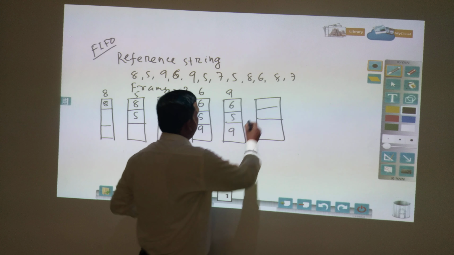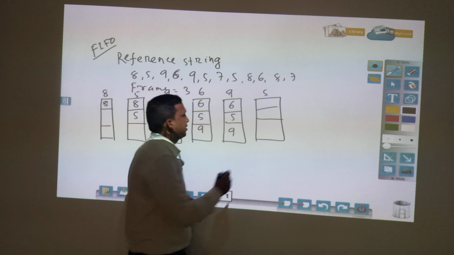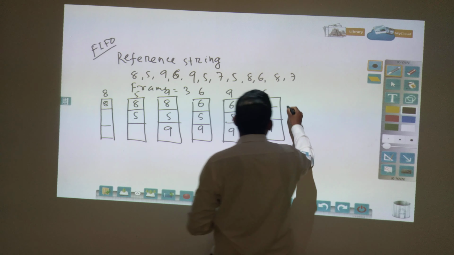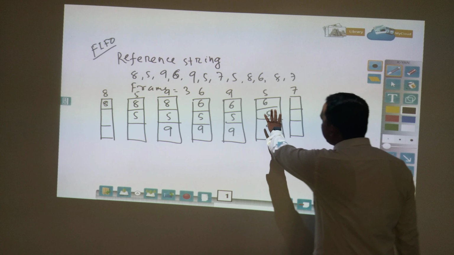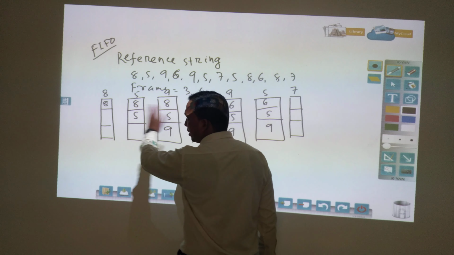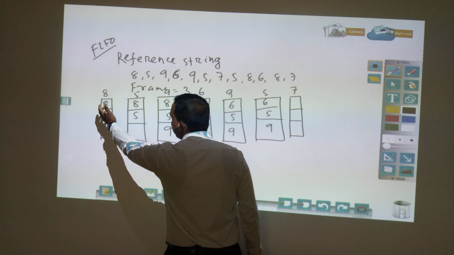Again the new element is 5. So 5 is already there, so no need to replace it. The new string inserted is 7. So in the previous frame there is no 7. So first in first out. Which one is first inserted? 8 is first inserted.